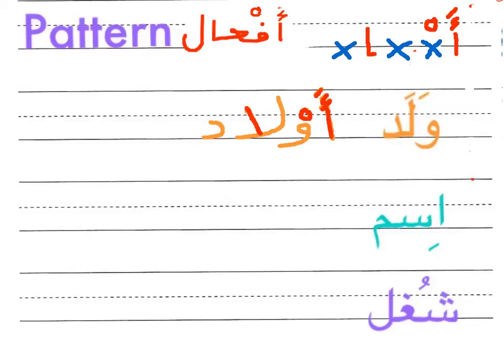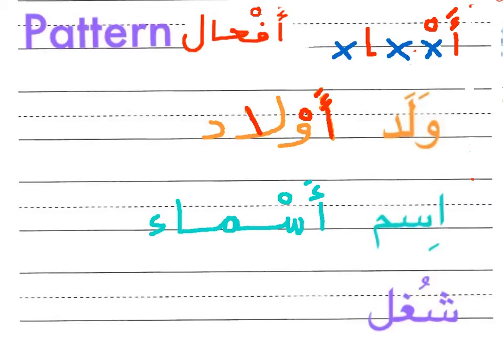As for اسم, the actual root is س ميم ألف. So apply the أفعال pattern and you get أسماء, names.